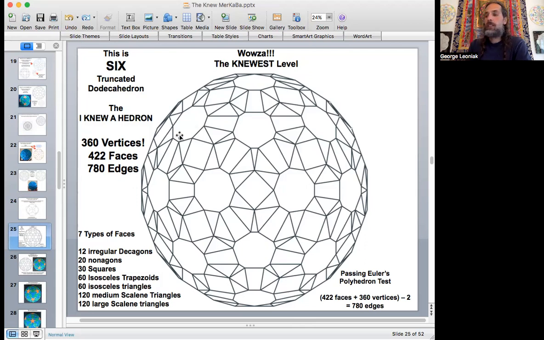So 360 is the first form that I've created that comes up to be 360 vertices, 422 faces, and 780 edges. There are 7 types of faces on it. It's 12 irregular decagons, 20 nonagons, 30 squares, a bunch of different sized triangles, and these kind of trapezoids, isosceles trapezoids also.